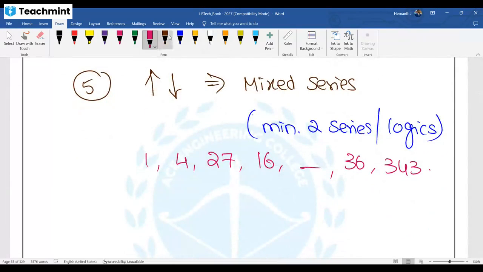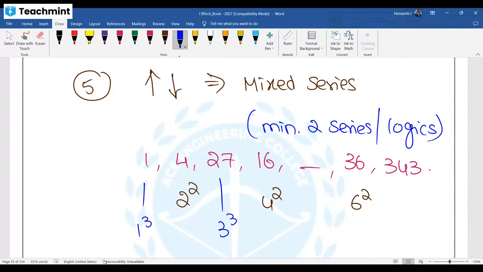For even numbers, they are performing squares. 2 square, 4 square, 6 square. One logic is that for odd numbers, cube. Options 25 will be available, 125 is available. Some people, by seeing 1 and 4 squares, will put 25 as the answer. 25 will be there, 125 will be there. So we have to be alert.